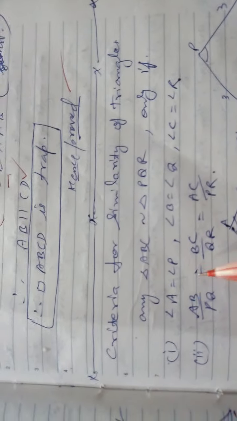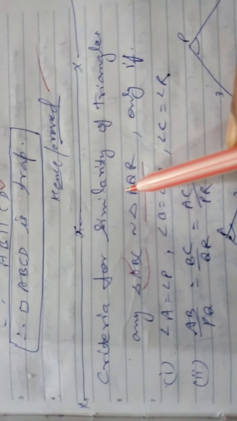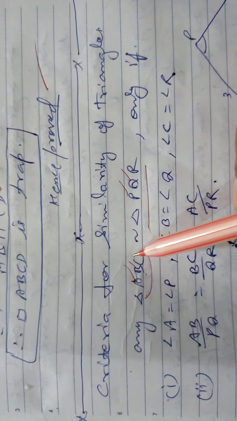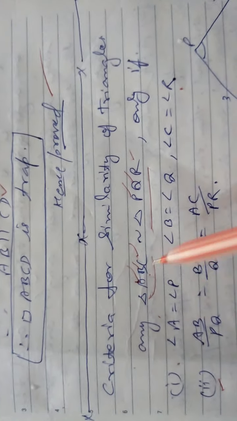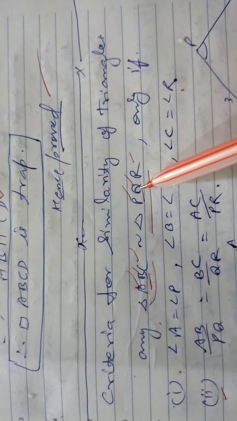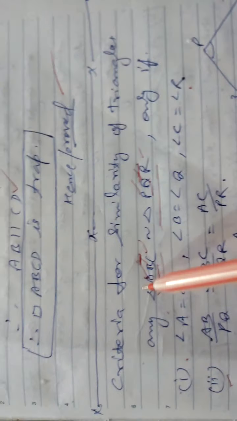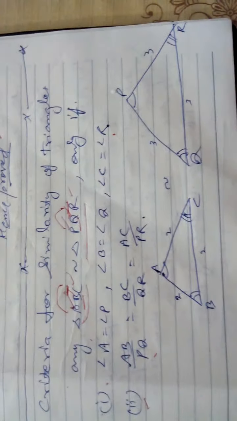We know from the previous lecture, if any two figures are similar, then their corresponding angles are equal: angle A is equal to angle P, angle B is equal to angle Q, angle C is equal to angle R. Not only this, in the second case, the ratios AB by PQ is equal to BC upon QR is equal to AC upon PR, then only the triangles are similar.